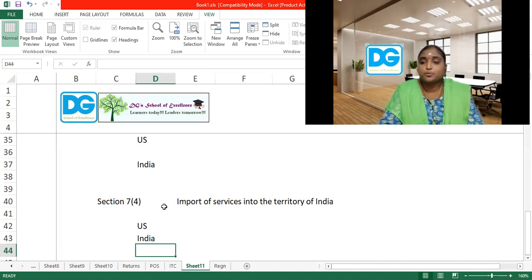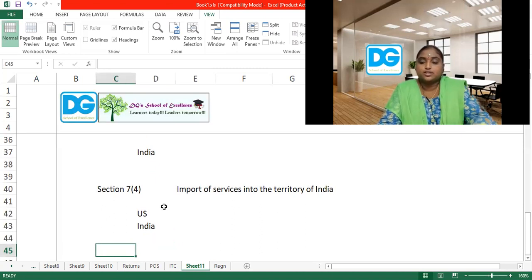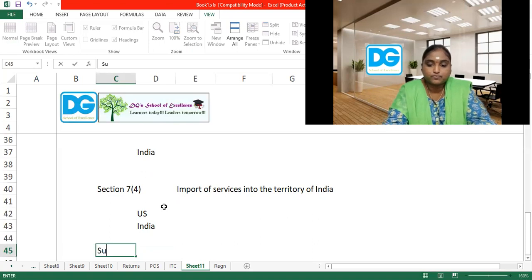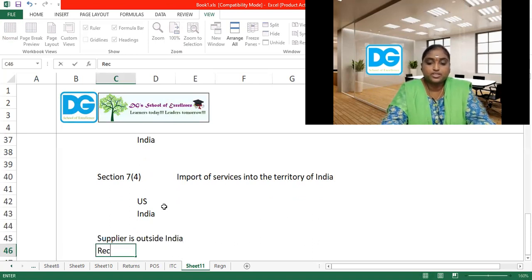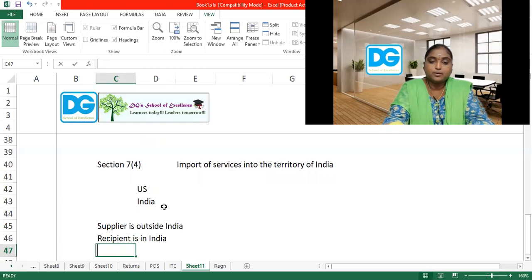Now, the definition of import of service. Say the supplier is outside India, the recipient is in India, and the place of supply is in India.